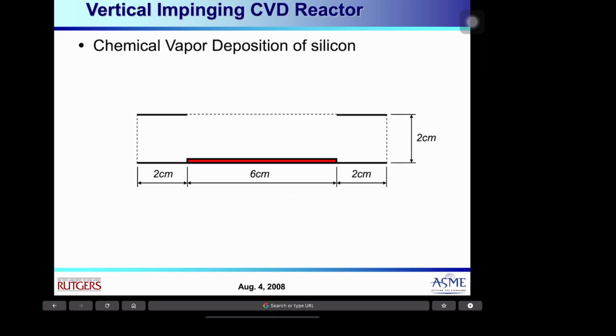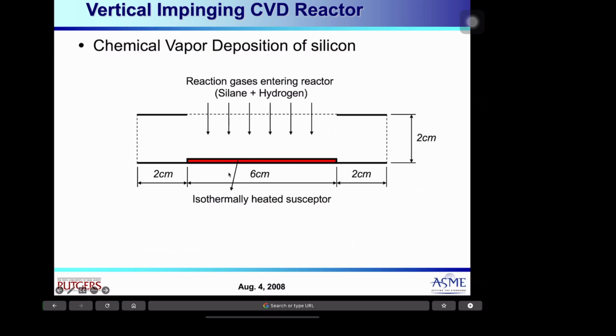At the time I was working with silane and hydrogen coming from the top with some heat at the bottom, and this chemical reaction will happen. It will grow silicon on top of the silicon wafer, and the hydrogen will come out on the right.